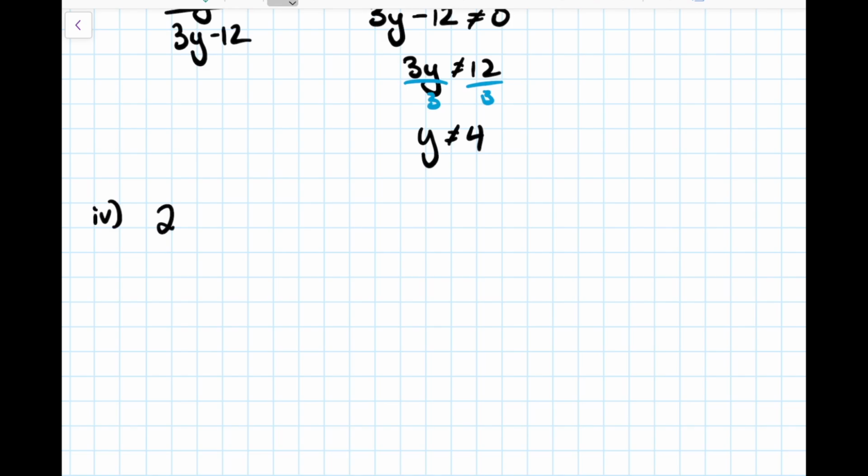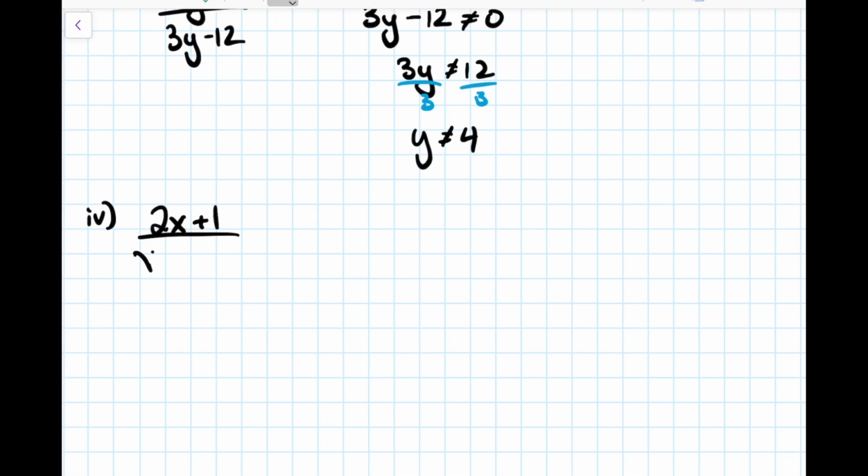But a lot of the times we're not going to have linear expressions, linear polynomials in our denominator. A lot of times we are going to have quadratic things, like this. And so the same principles apply. We're still going to take that denominator, x squared plus 7x plus 10, and we're still going to say that can't be 0.